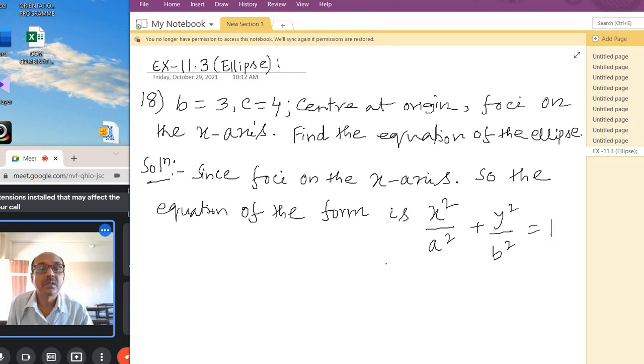Okay, and it is given x square by a square plus y square by b square equal to 1, and b equal to 3.